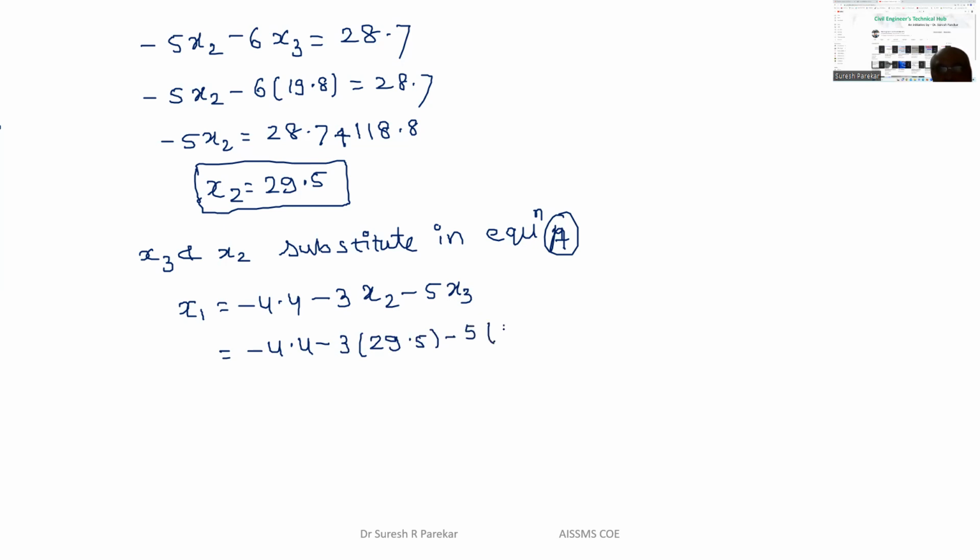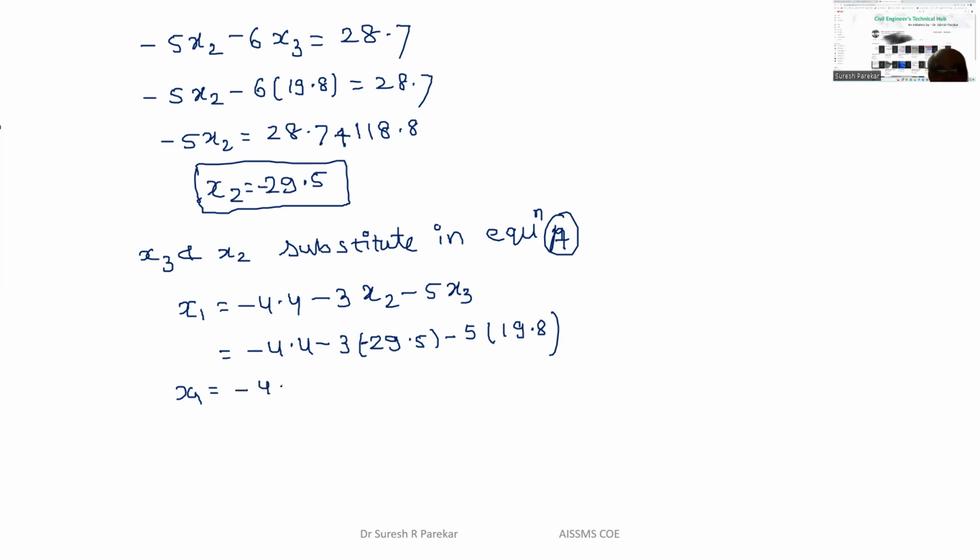Then we will substitute the values: minus 4.4 minus 3 into x2 we have 29.5, and x3 we have 19.8. And when we solve this, we will have the value of x1, that is equal to 3 into 29.5 plus, so this value, if we see, we actually have minus 29.5.